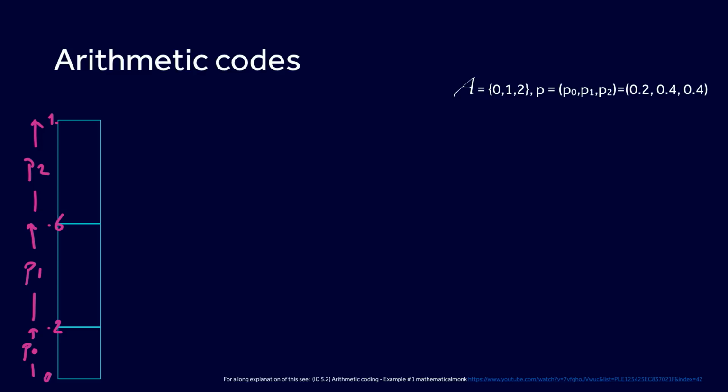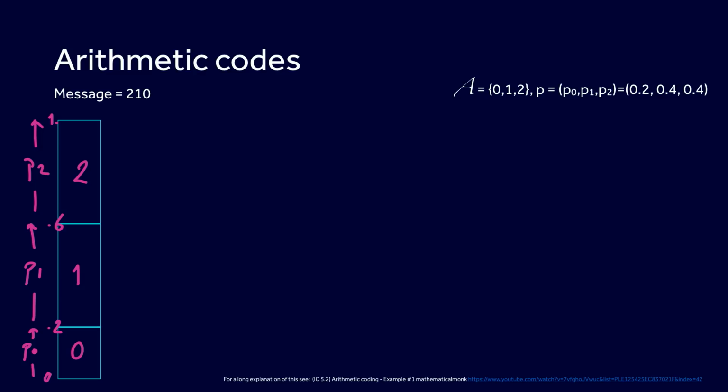And then we've got the final one, which is another 0.4, and that adds up to 1. Okay, and we could, if you like, just label those intervals with the symbols of the alphabet that we're going to send. So down here we've got 0 and then 1 and 2. So if we had a message that we wanted to send, let's say it's 210, each one of these digits is used to select the part of the interval that is appropriate.